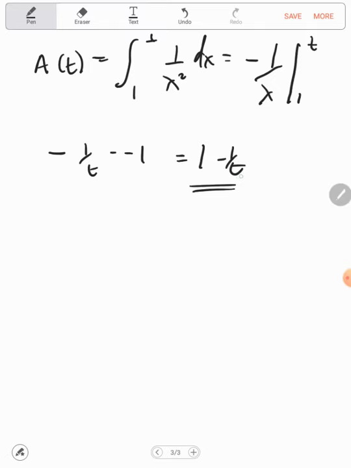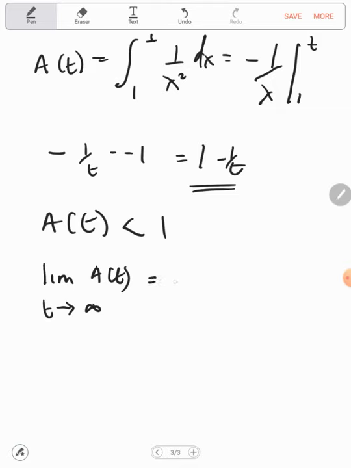What we notice here is that we are taking out a fraction from 1. Therefore, this answer is less than what? Less than 1. So A(t) is less than 1, no matter how large t is. So we can therefore conclude that the limit of A(t) as t goes to infinity is the limit of 1 minus 1 over t.